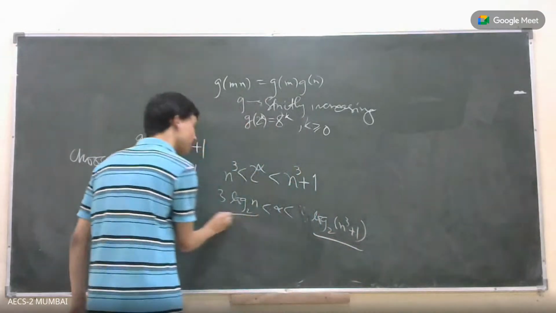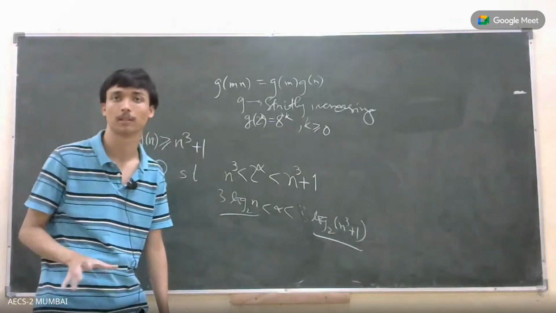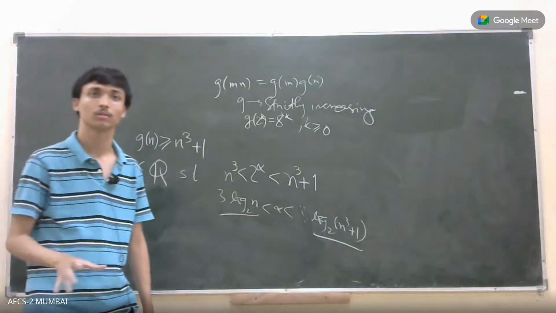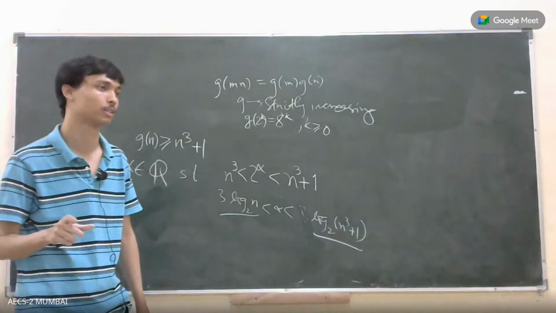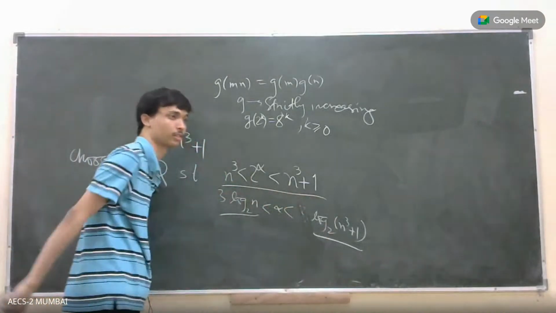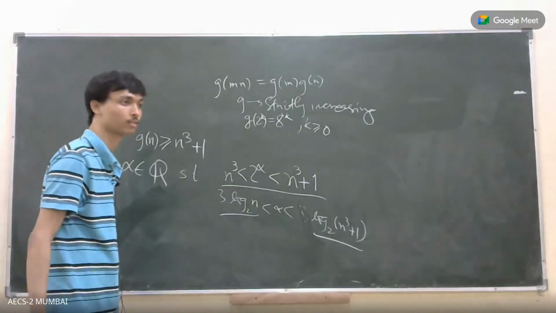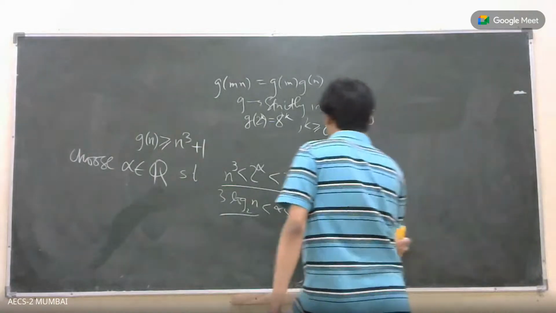This is a real number, this is a real number, and you can always find a rational number between two real numbers. You know this, right? So find such a rational number. For that rational number, you have this. Now, why do I want some weird rational number like this?